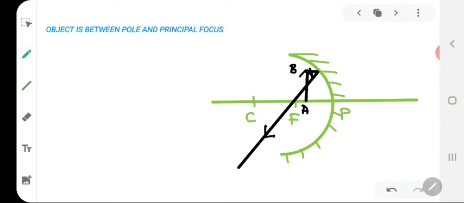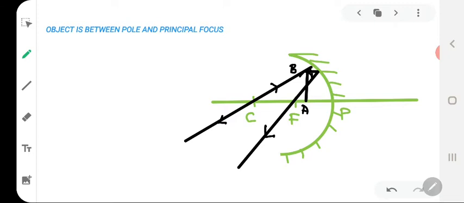The second ray of light, which is passing through the center of curvature, retraces its path. Now again we find that these two rays of light actually do not meet. So instead we just produce these two rays of light to obtain an apparent intersection, and the point at which there is an apparent intersection of these two reflected rays, a virtual and erect image is formed.